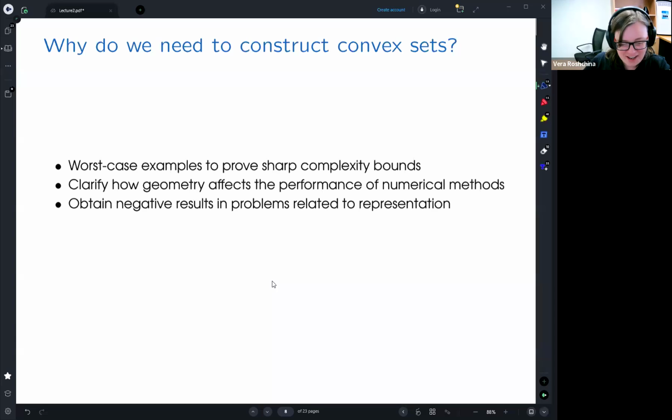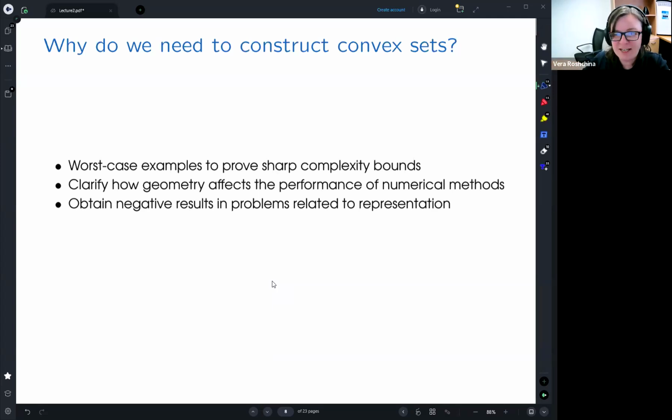So if I have a class of problems and I want to represent them, say, as semi-definite programming, then if I prove that there is an example in those problems that doesn't satisfy some property that all semi-definite programming problems satisfy, that means that, well, the problem is hopeless, right?